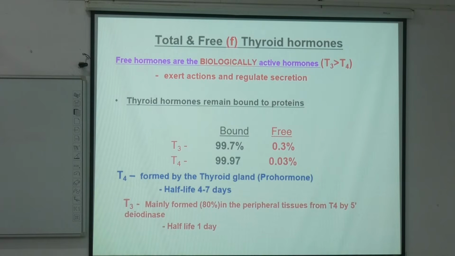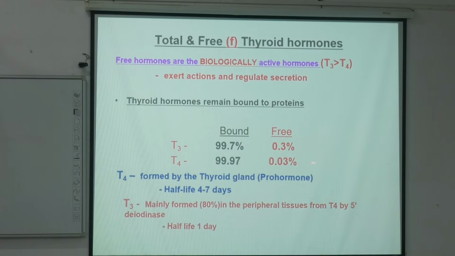So in the circulation, thyroid hormone remains in two forms. One is the bound form, bound to TBG, albumin or TBPA, and there is a free form, and the free form is the active form. From this picture you can see how much is the bound form. T3 is only 0.3% free, and that is the active form.